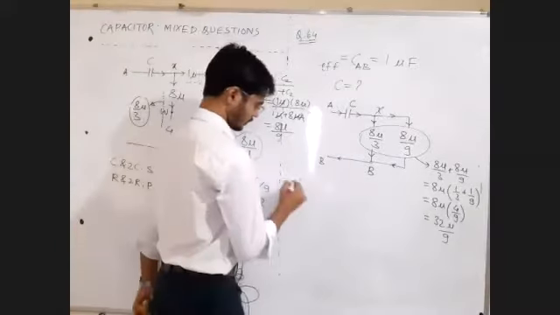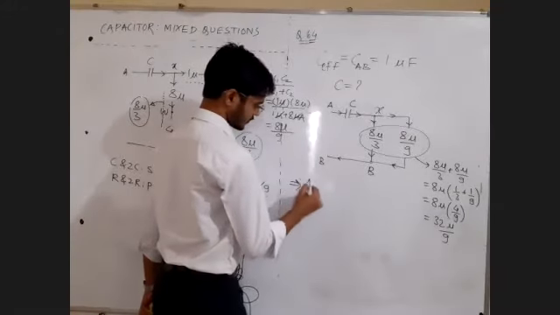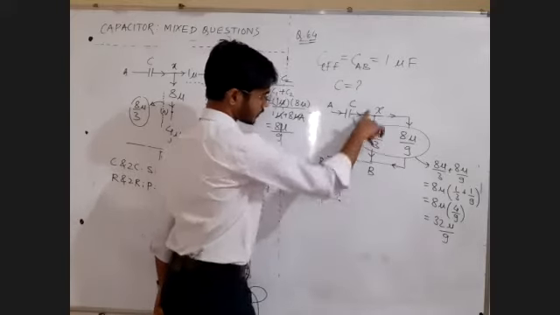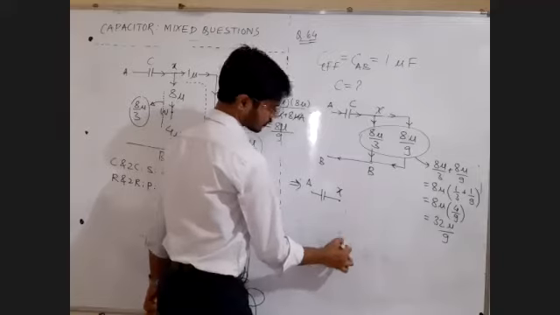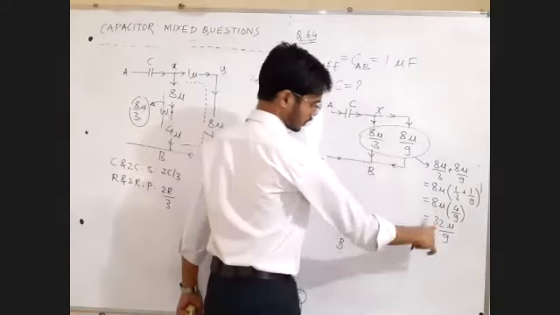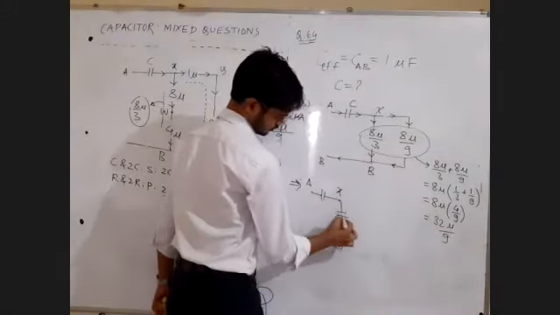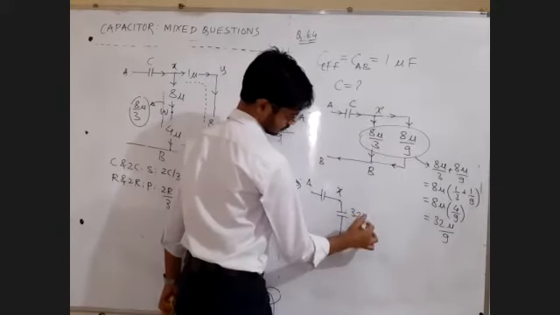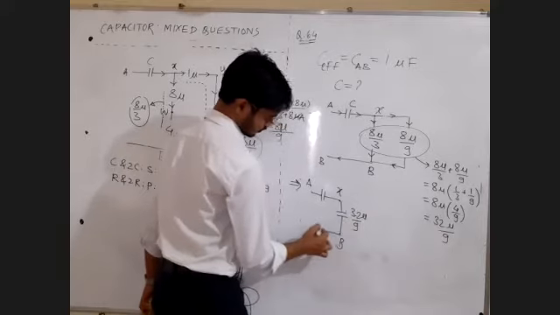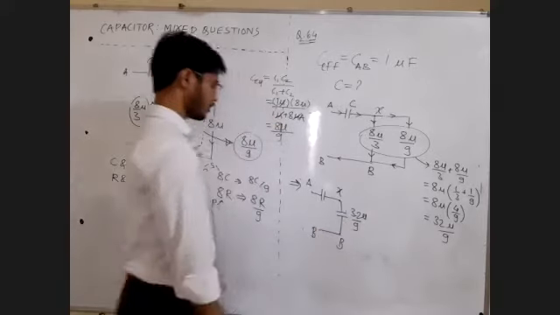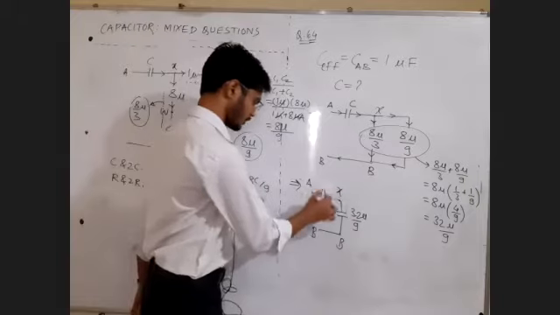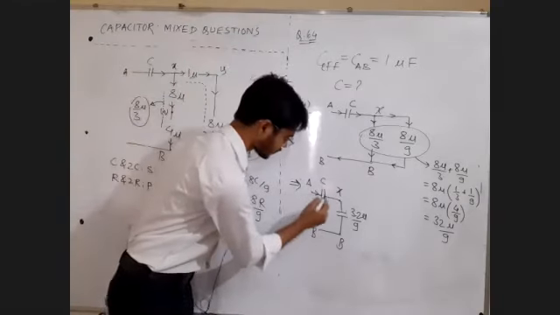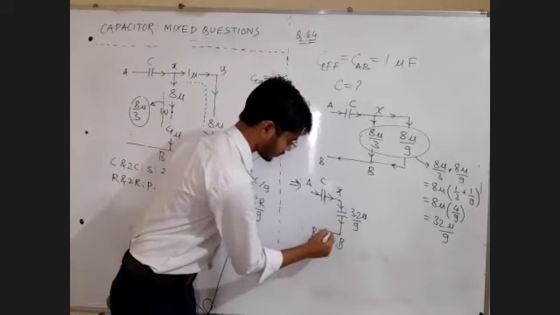Now the new circuit will become: point A as it is, C as it is, and between points X and B the effective capacity of these two is 32 micro upon 9, and that's our point B. This capacitor is C. Now between points A and B, it's a single branch.